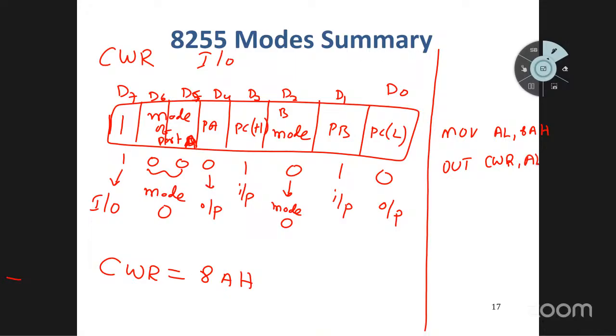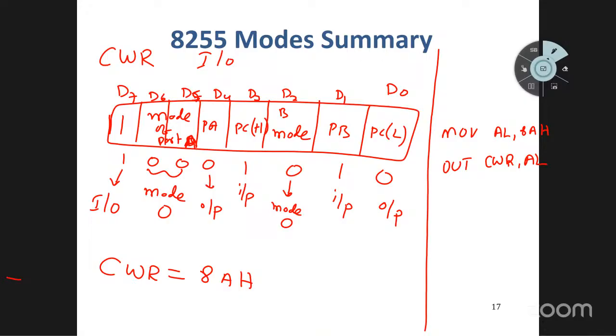The two lines you are controlling the 8255 as per, don't change this content. According to your changes, you can send that value to the AL and OUT CWR, AL.